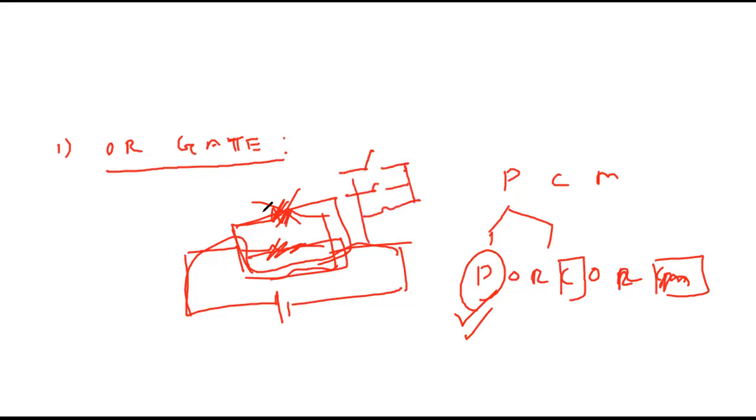But when both are damaged, then only it will not function. Na? So OR gate behaves like parallel switches, where it will give output even when only one switch is closed or both are closed, but will not give output if both are open. One should be at least closed.